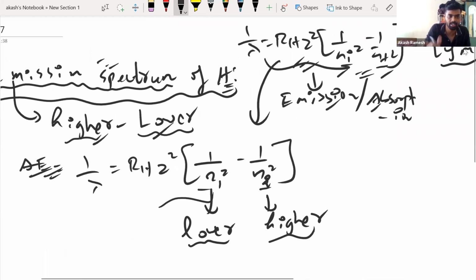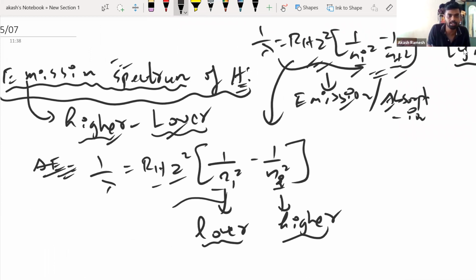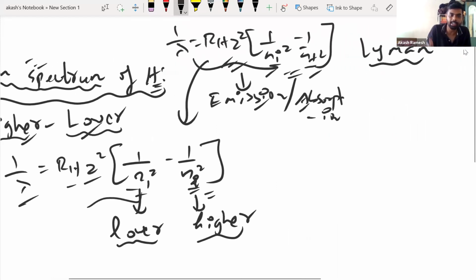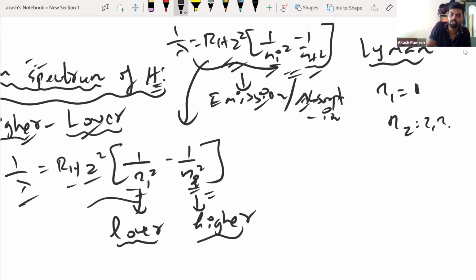All the other things are constant: RH is constant, Z is constant, obviously for the element. Depending on N1 and N2, I'll get different values of lambda and energy. Lyman worked on the case where N1 is equal to 1 and N2 can be anything: 2, 3, 4, 5, 6, and so on. So Lyman worked like this.